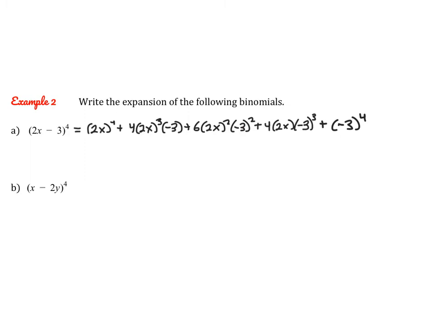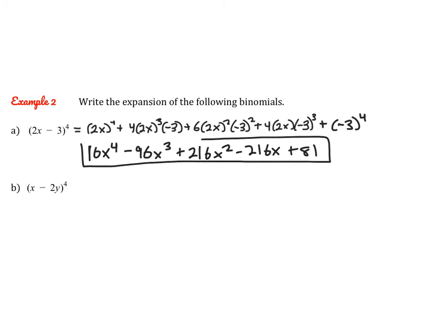So when you simplify this, you should end up with 16x to the 4th, minus, because of that -3, so minus 96x cubed plus 216x squared minus 216x plus 81. So just be careful that when you're substituting, especially when you have something like 2x, if you do it with parentheses, then you won't forget that you need to cube the 2 and the x, for example. So just be careful there.